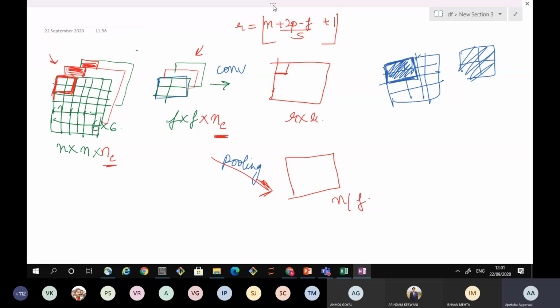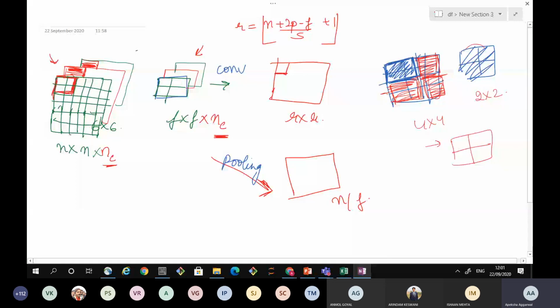Third position is this, and fourth position is this. So if the image size was 4x4 and the filter size was 2x2, my output would be a 2x2 image, because this filter is superimposed on this position, this position, this position, and this. So 4 values I'll get. So that is 4 by 2. So this is n by f. So the output image after pooling is 2 by 2.